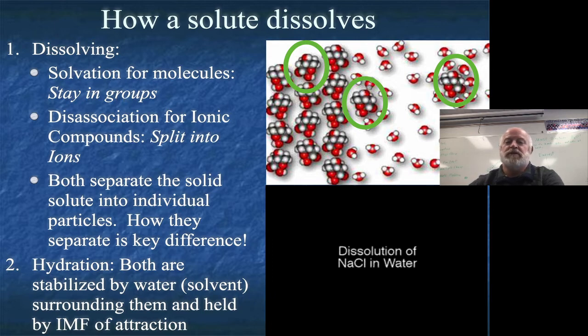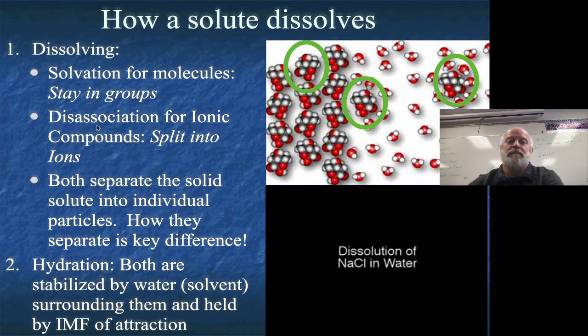This image up here shows that, where if this was a glucose molecule, we have a whole bunch of glucose attached to themselves, held together by the dipole-dipole interactions. And now you see these big clusters of glucose that have been separated from the bigger chunk. These have undergone solvation, and then hydration as the water molecules surround them and stabilize them, okay?